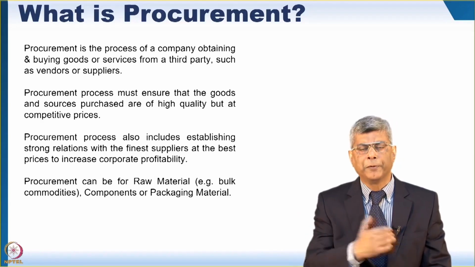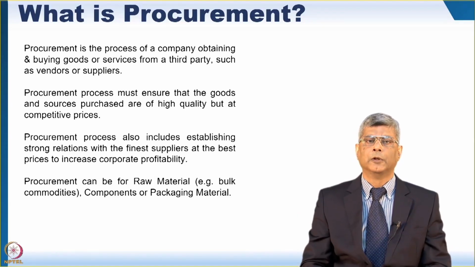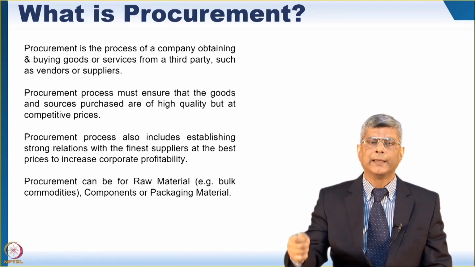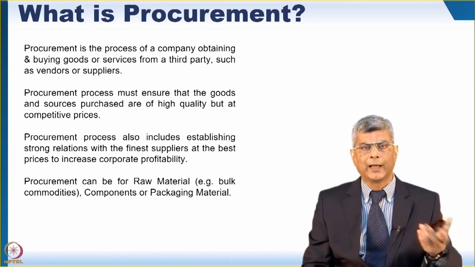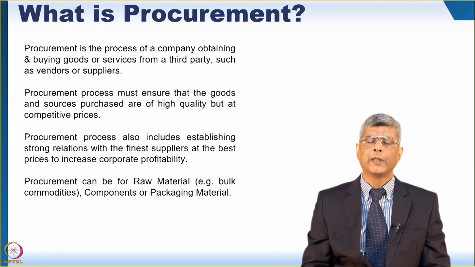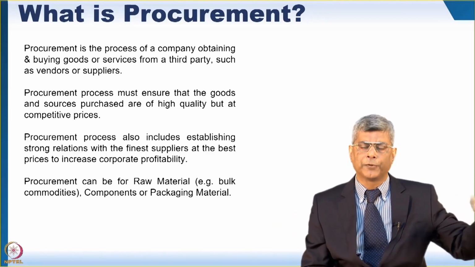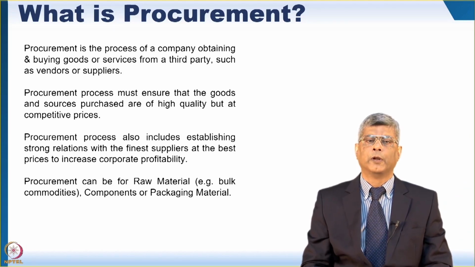The memory chips may be made by someone else. In a car, the manufacturer who's making the car, assembling the car, will not make the tires. They'll buy the tires from someone and the battery from someone else, and the steel for the body from someone else. So that's the procurement process.